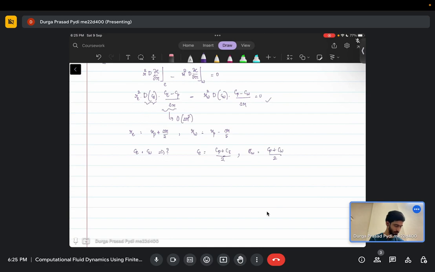So I can write the above equations as a east c east plus a west c west minus ap cp equals 0, where your a east is essentially r little e square d of c east by delta r, a west is r little w square d of c west by delta r, and your AP is essentially A east plus A west.